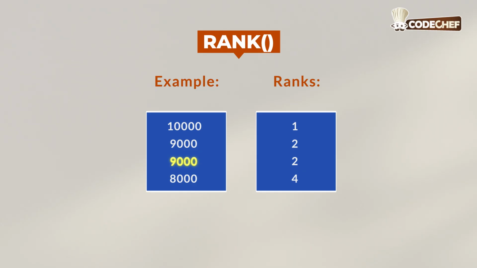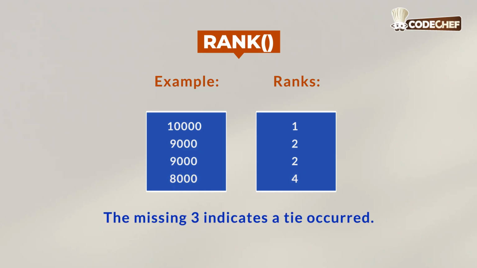So therefore we will give both the values rank 2. And now since we are repeating 2 twice, so 3 will be skipped and the value 8,000 will be assigned rank 4. This is how the rank function works. Here the missing third rank indicates that a tie occurred between values in the database.